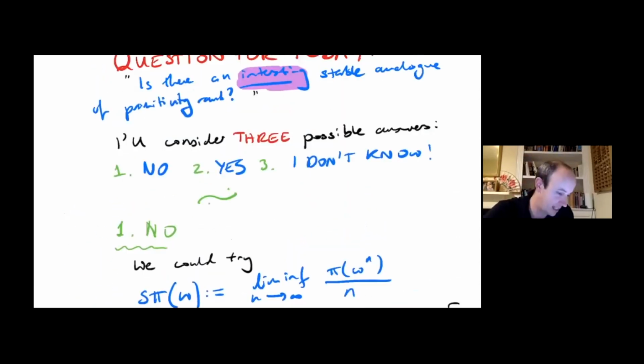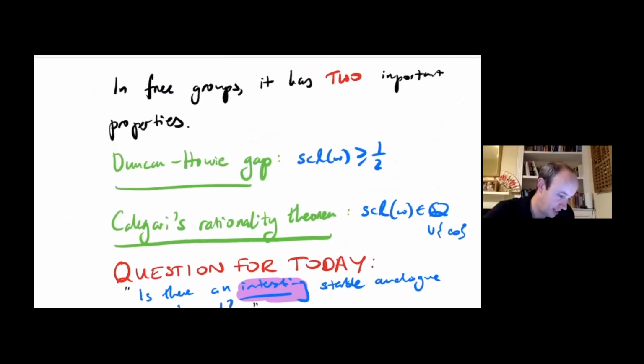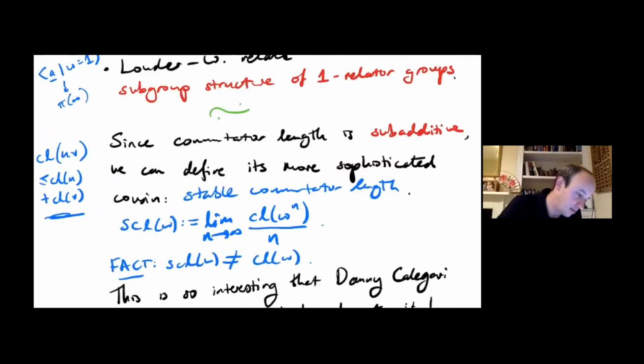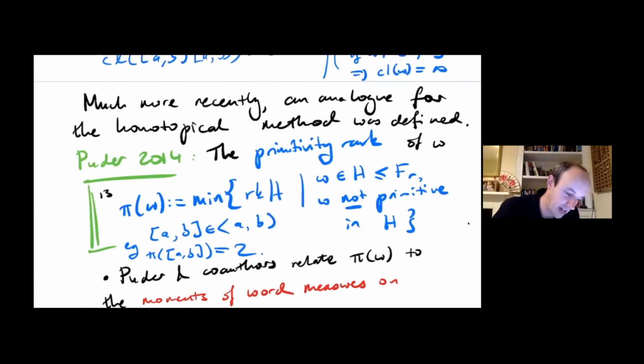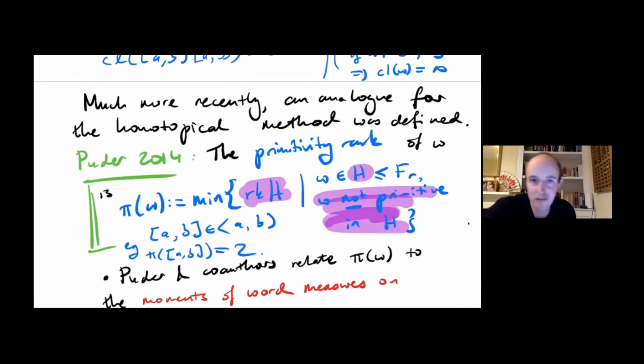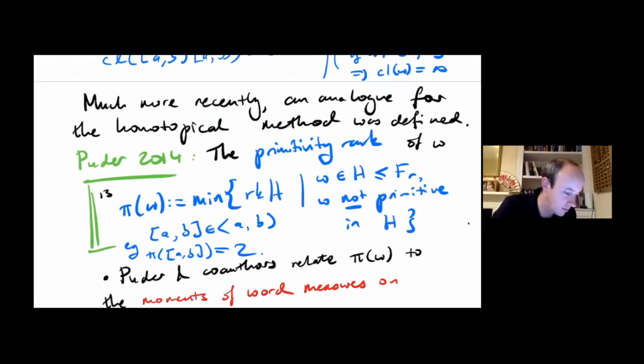Because if we go back to the definition, it was a minimum across all of the ranks of H, across all H where W is not primitive in H. So in particular, F_R is an example of such a subgroup. Does that make sense, Pavel? Yeah.